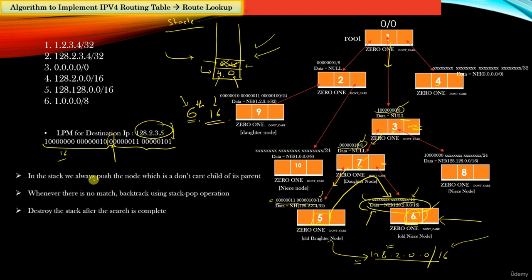So in the stack, we always push the node which is a don't care child of its parent. Whenever there is a no match, backtrack using the stack pop operation. Destroy the stack after the search is complete. All right. So we will destroy the stack because we have already found the route of our interest. Let us discuss the route lookup algorithm with one more example in the next lecture video.